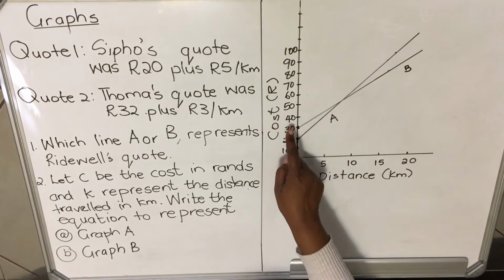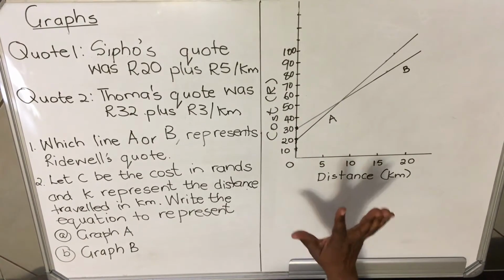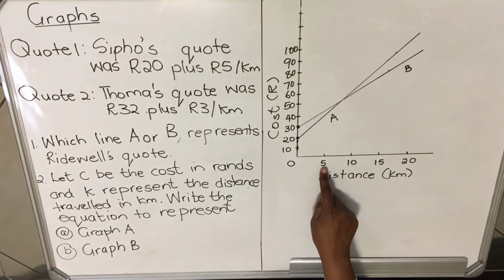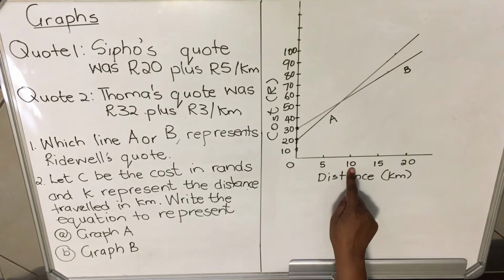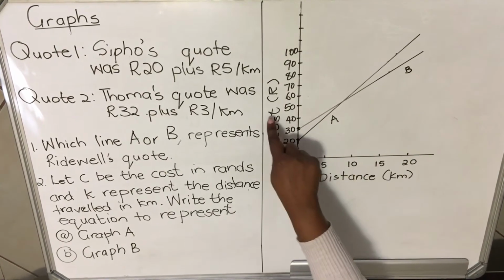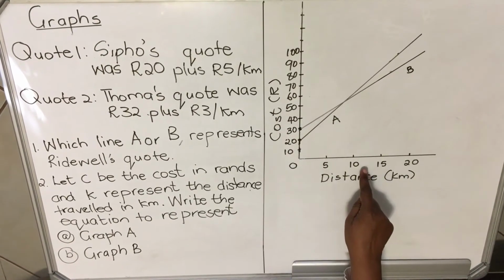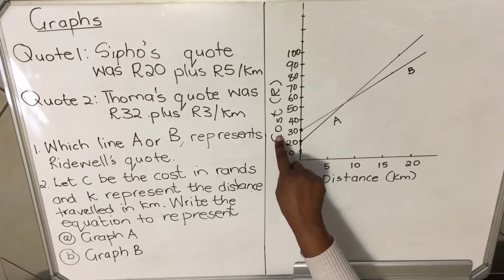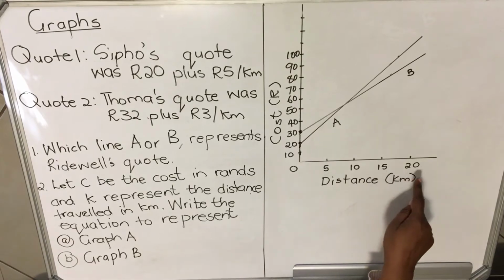It depends on this one. In this example that we are using, distance, as you travel, if you travel 10 kilometers, it will affect the cost. That's why this one is called the independent one, and this one is called the dependent. It depends on how much you travel.